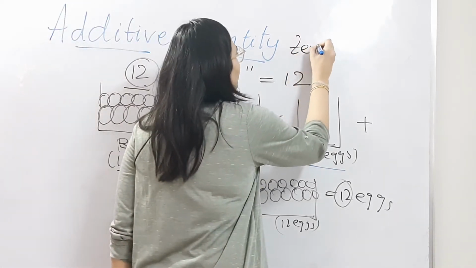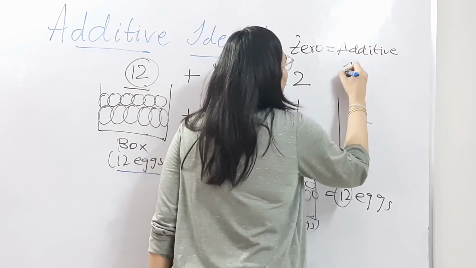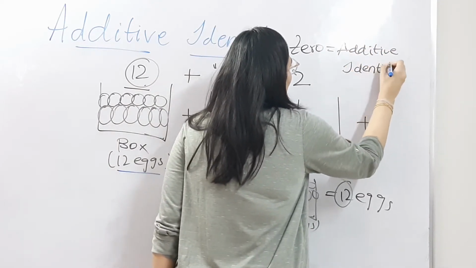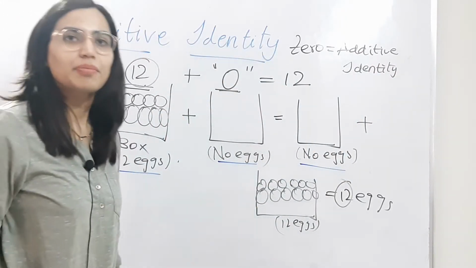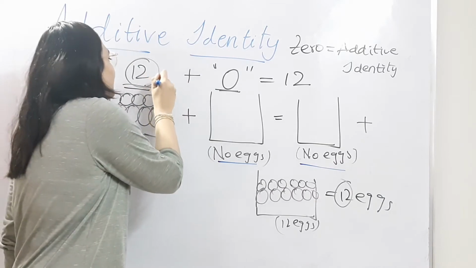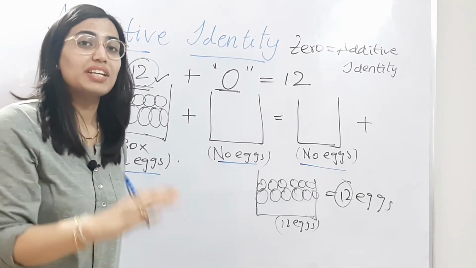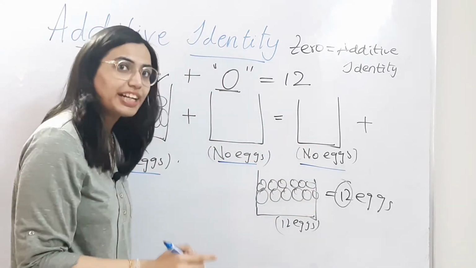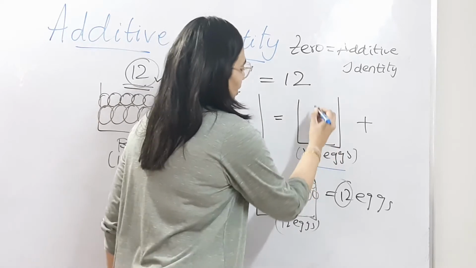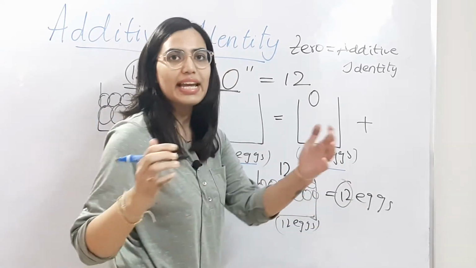0 is called the additive identity, and here, even though we add 0 to any value, any whole number or any value for that matter, the value will not change. It will remain the same. Here this is the reverse, because addition is commutative. Here we are having 0 and here we are adding 12 eggs to an empty box.